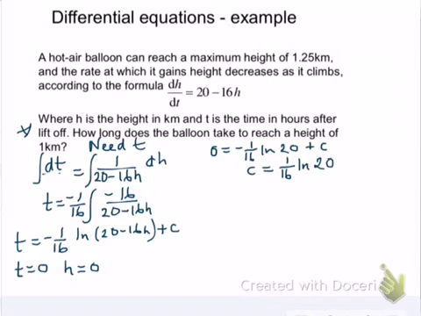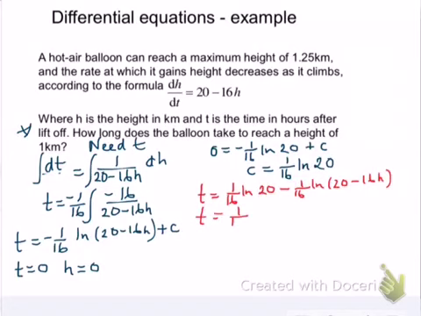Now, substituting this back in, I can work out what t is. I think I'll change colour so you can tell. So now I can say that t is equal to, I'm going to put my c first because it's positive, 1/16 ln 20 minus 1/16 ln(20 - 16h). I can take out my highest common factor here.